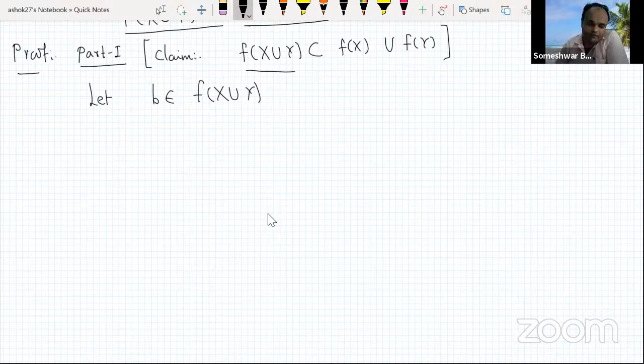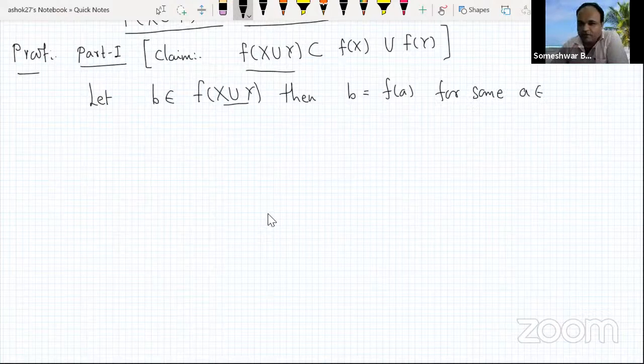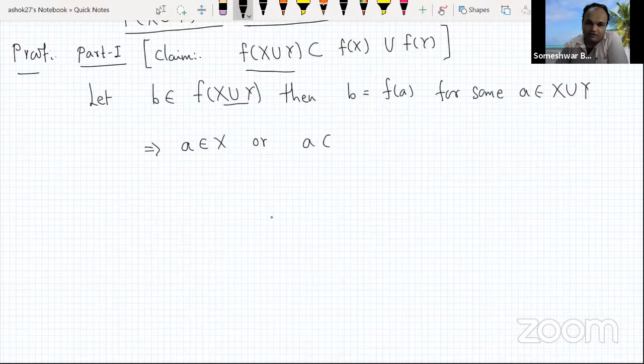Then you'll write small b as f of a, where a is an element of x union y. So for some small a belonging to x union y, a is an element of x or a is an element of y.